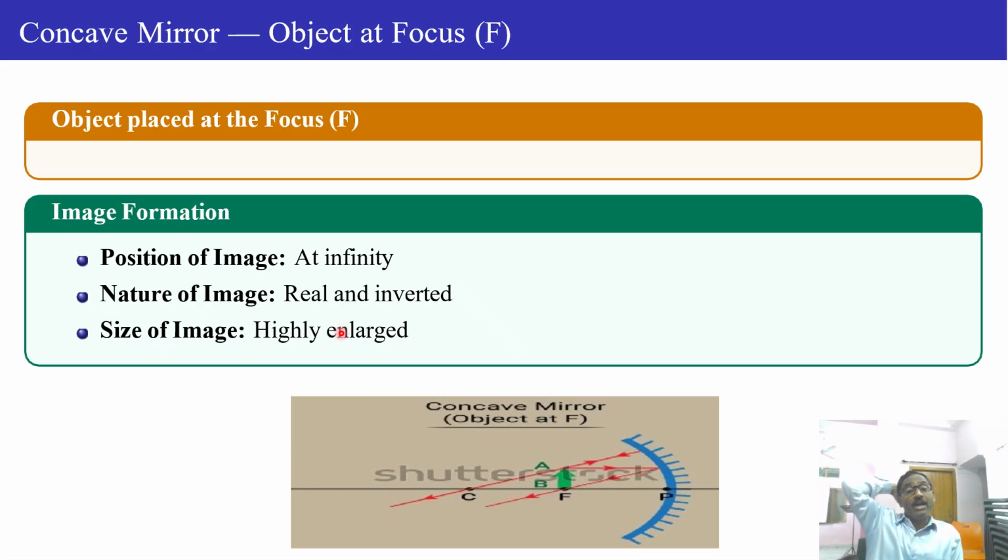Size of image highly enlarged. Here I have considered parallel ray. Parallel ray after reflection passes through the focus. I considered the ray which appears that it will pass through focus. So after reflection also it will retrace the same path.